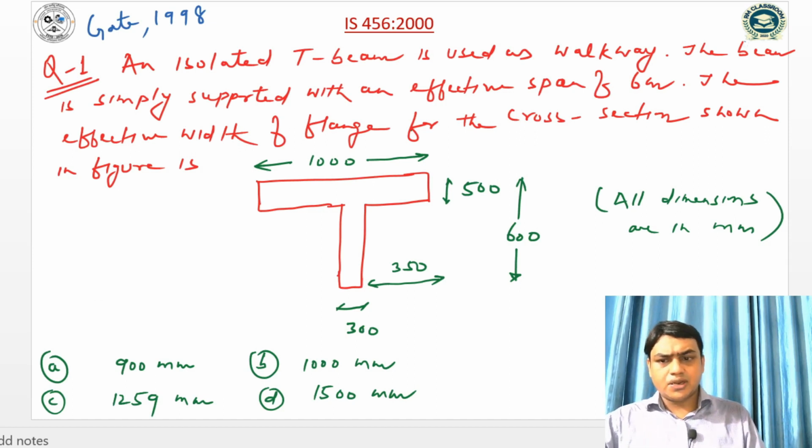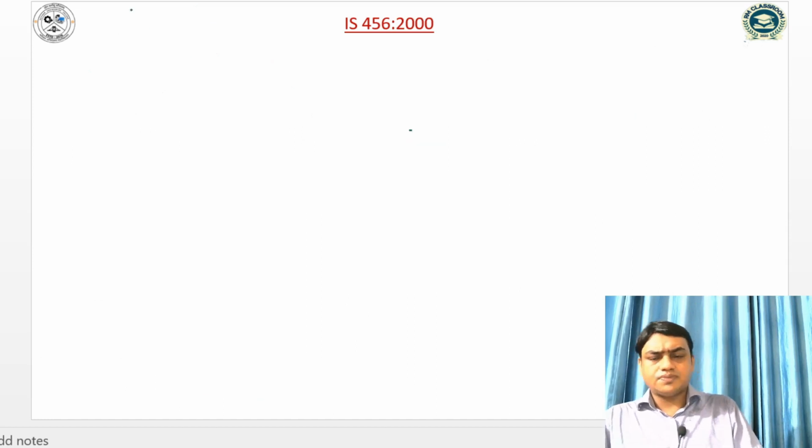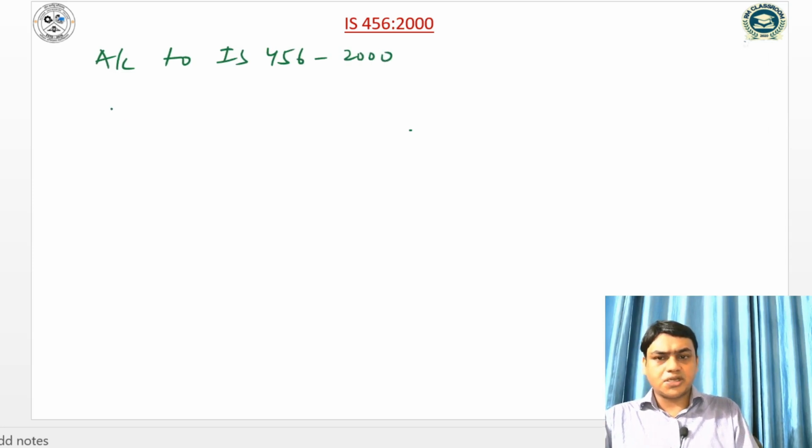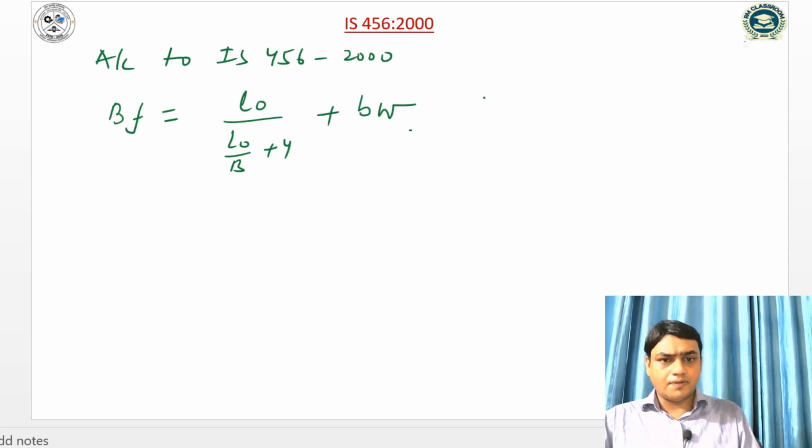According to IS 456 2000, the effective width of the flange in case of isolated T beam is L0 by 4 plus BW, and this effective width of the flange should be less than or equal to B. In no case will it exceed the value of B.